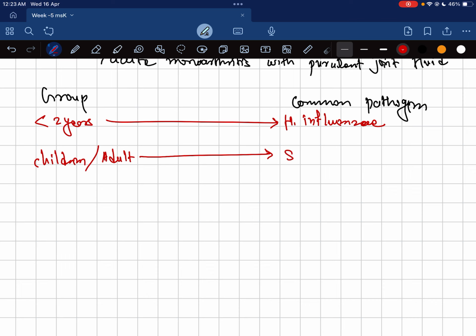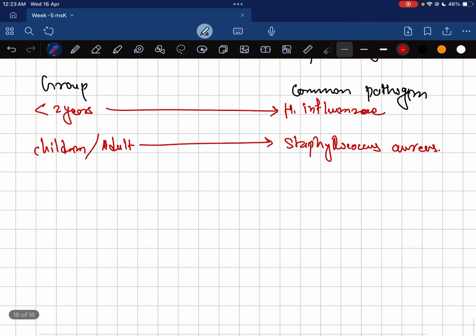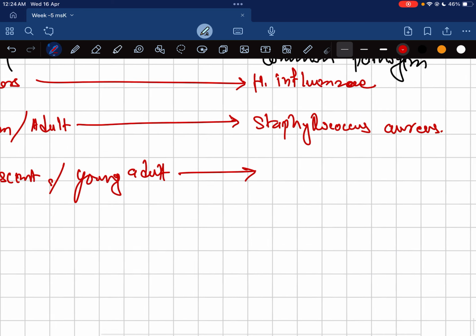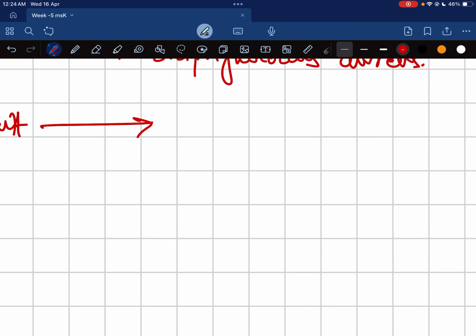These are Staphylococcus aureus. This pathogen leads to bacterial arthritis in adults or children. And if less than 2 years, it is Haemophilus influenzae. When we look at adolescents or young adults, in this condition Neisseria gonorrhoeae is the causative agent.